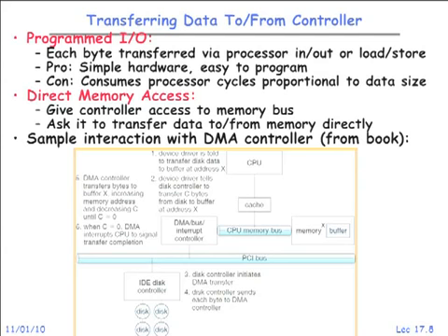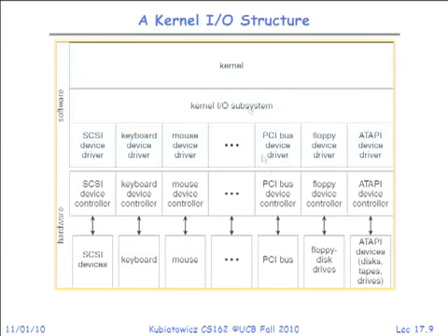So let's take a brief look at the kernel structure for I/O. The nice thing about I/O, which I mentioned last time, is that despite the fact that you have a lot of different devices, different structures, different ways of interfacing them, the kernel tries to hide that from the user. A typical structure has a kernel I/O subsystem which presents a standard set of interfaces to the kernel and ultimately to the user.